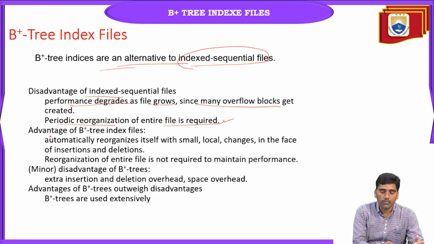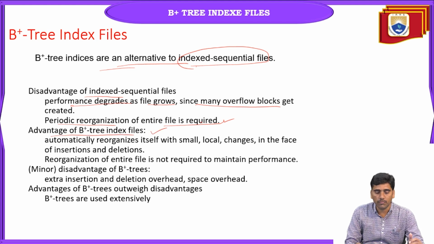But the advantage of B plus tree index files, overcoming the disadvantages of indexed sequential files, is that the tree automatically reorganizes itself with small local changes in the face of insertions and deletions. The reorganization takes place during insertion and deletion operations as small local changes.